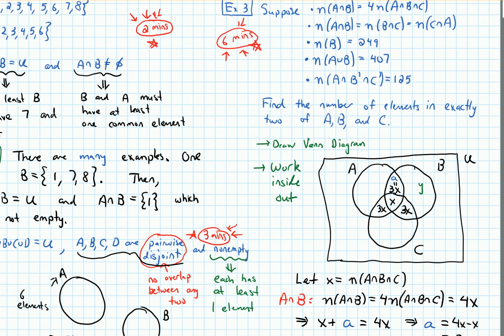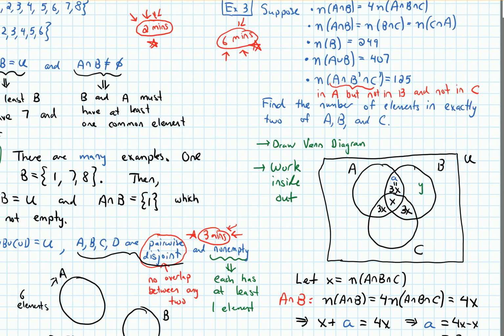So I'm actually going to jump to the last condition at this point, because this tells us very specific information. This is A intersect B complement intersect C complement. That means we're talking about stuff that is in A, but not in B, because that's B complement, and not in C, because that's what C complement is referring to.